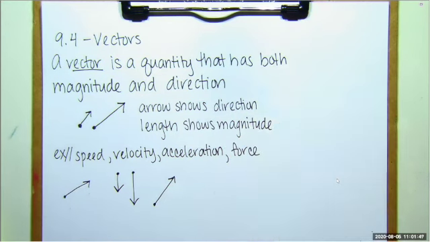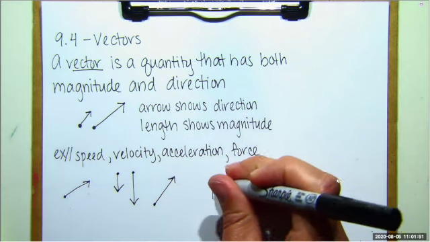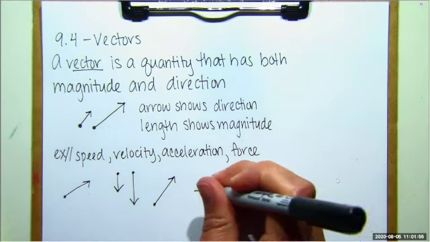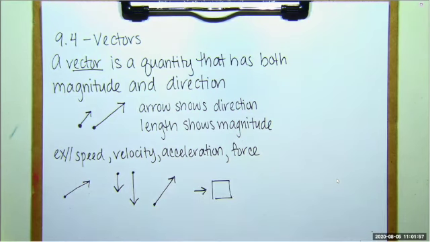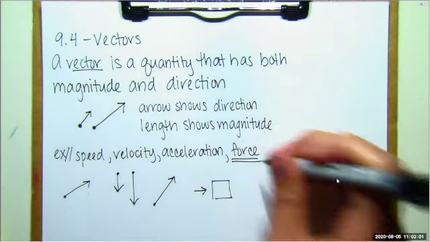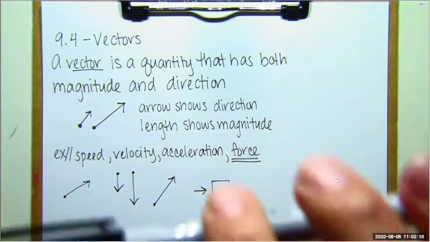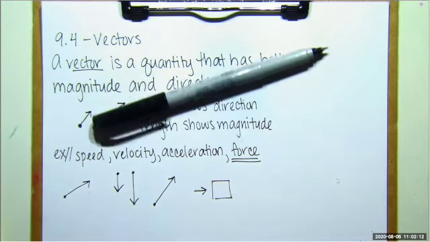Force can be represented as a vector. So for example, if you have a box, and maybe you are pushing the box forward. Now the force that acts on all objects all the time can also be represented by a vector. So what is the most common force that always acts on any object on Earth all at the same time? Gravity.